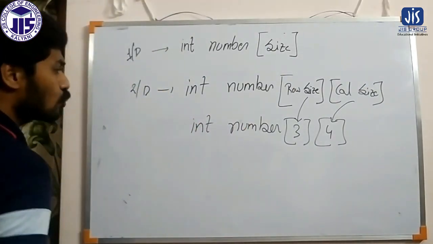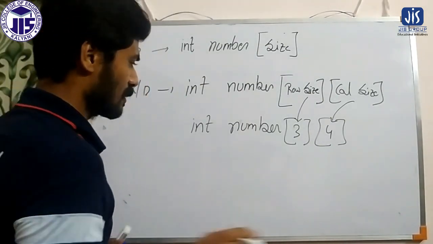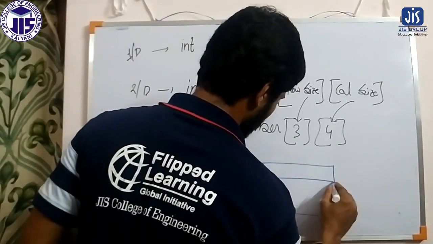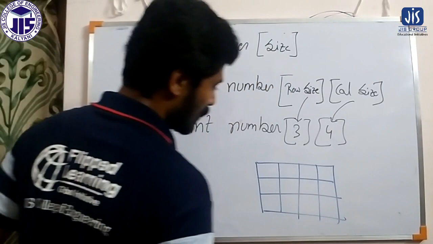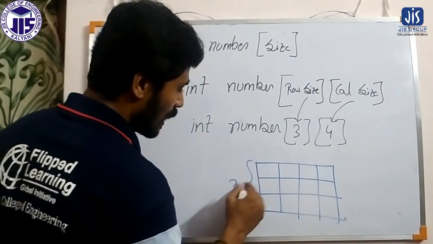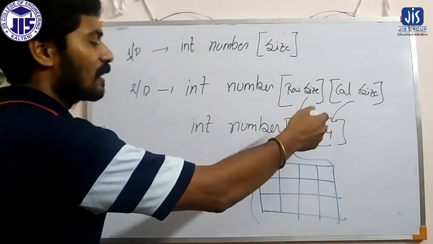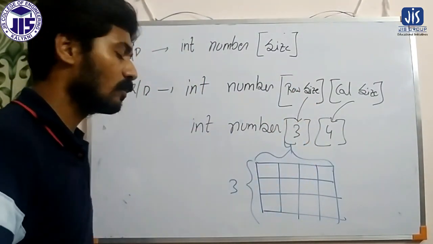In this array we can store a total of 12 elements. The array will look like this. You can see there are 3 rows and 4 columns. We can create this array by the statement integer number[3][4].